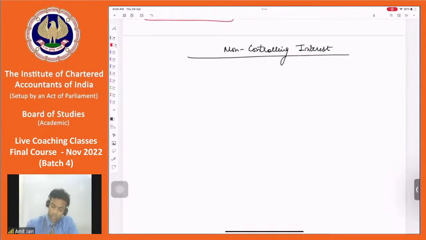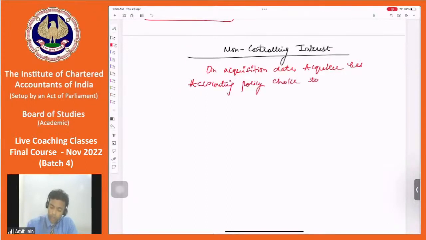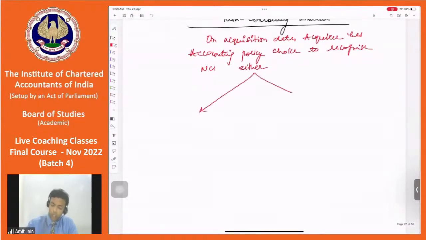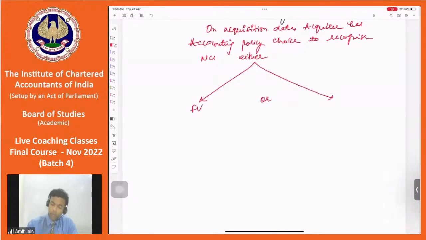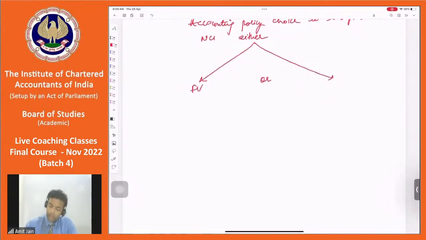Okay, guys, non-controlling interest. Right? On acquisition date, the acquirer has an accounting policy choice to recognize NCI at either fair value or proportionate value.